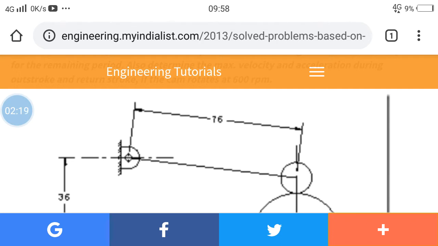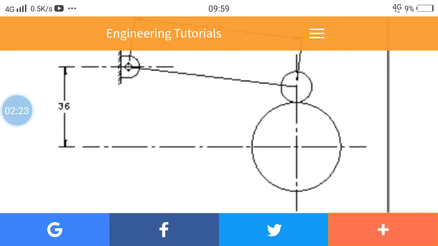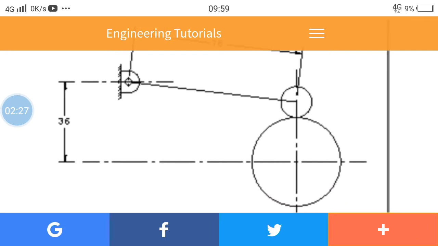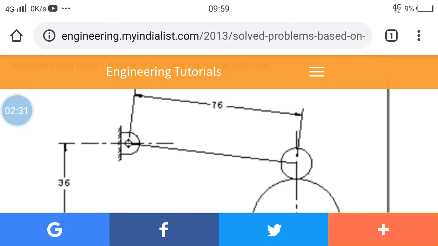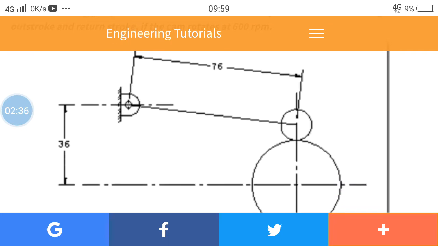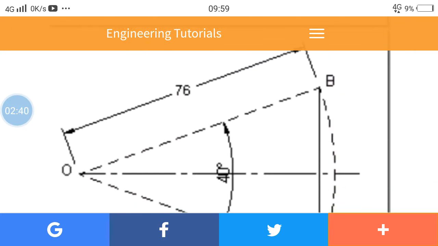The small circle is the follower, and this is the cam profile. The distance from the fixing point of the follower to the cam profile, with radius, you can see this is 76 mm.